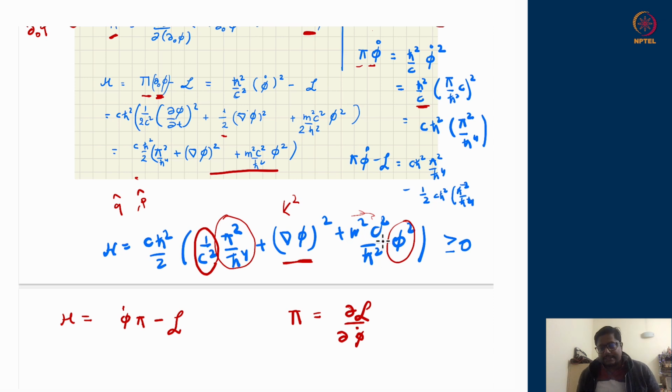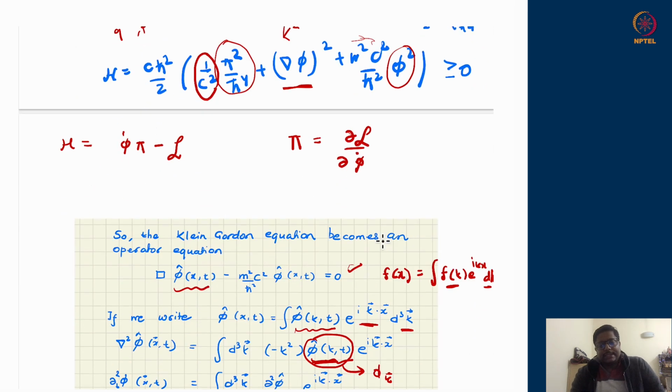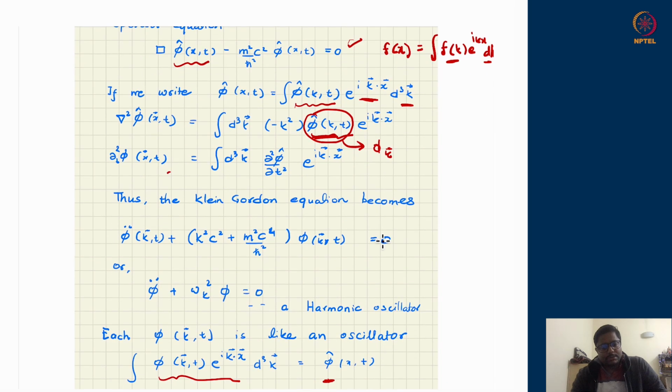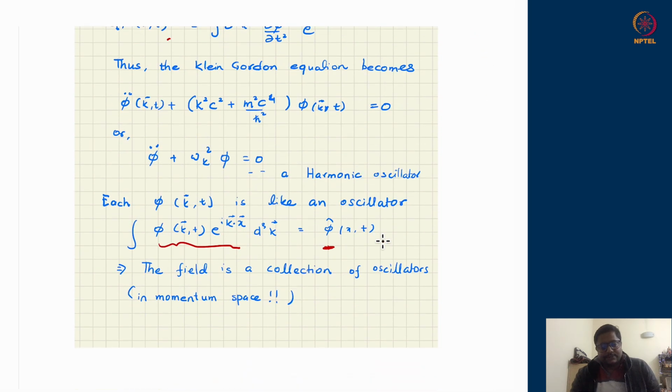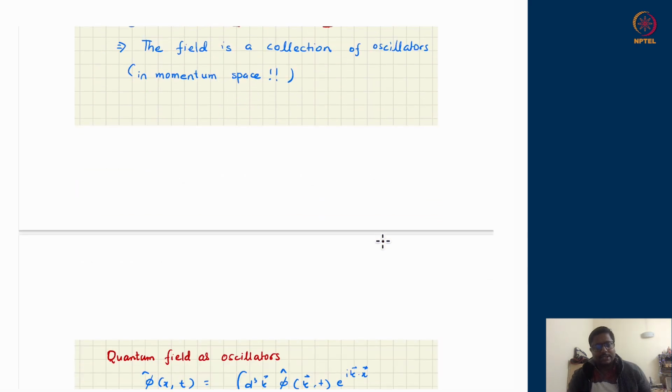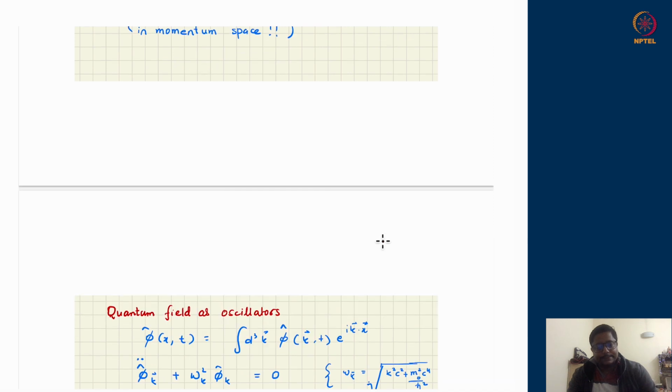This is a useful exercise for you to try, and that is what we will proceed with. I will not use del 0 phi anymore to do the Legendre transform, but I will just use phi dot. They are just 1 by c apart, and that simplifies the Hamiltonian because it is quadratic in either phi dot or in pi.